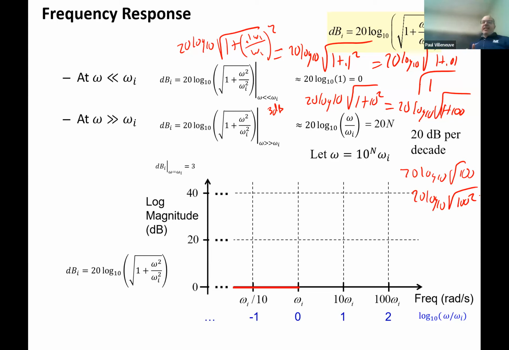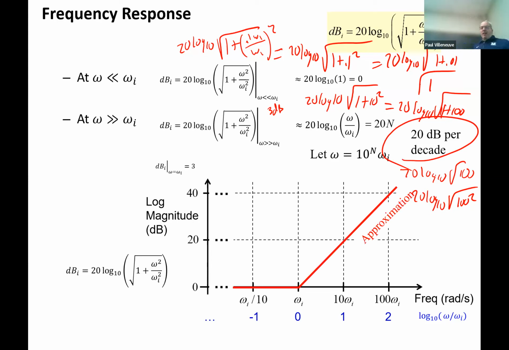So for every decade frequency increase, every multiple of 10, the slope of our gain is going to go up or down by 20 dB per decade. The reason we say up or down is because we could have poles or we could have zeros.